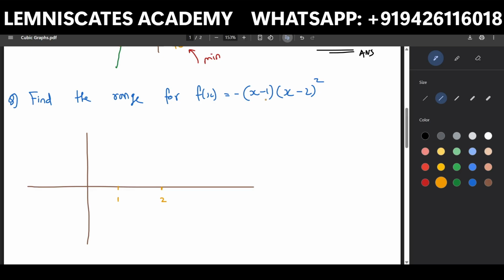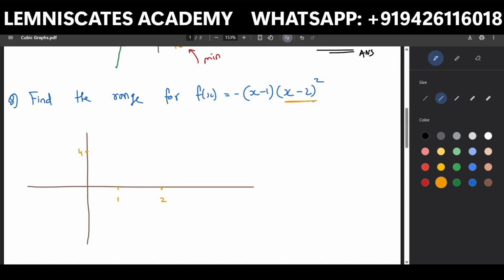My y-intercept will be, of course this value is squared, -2 squared is 4. 4 times -1 is -4. -4 into this -1 is +4. So +4 is my y-intercept.